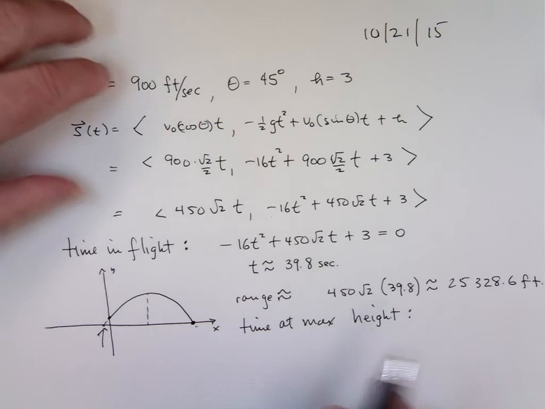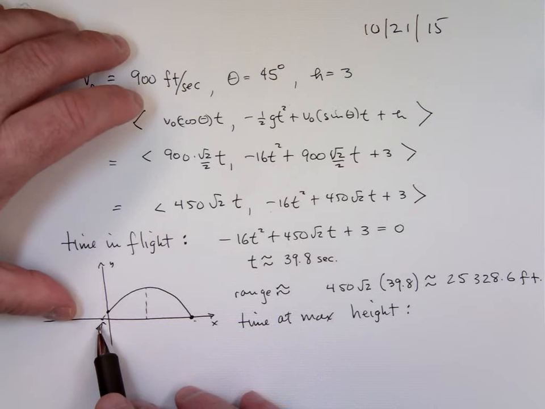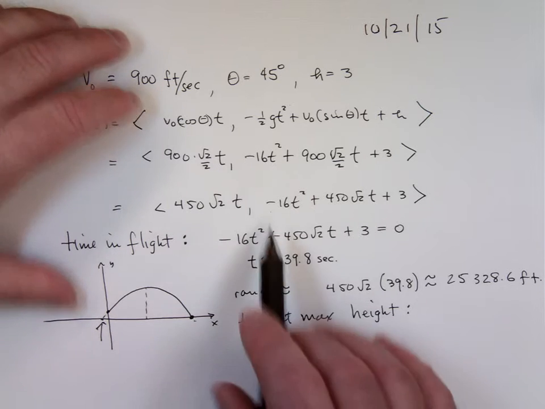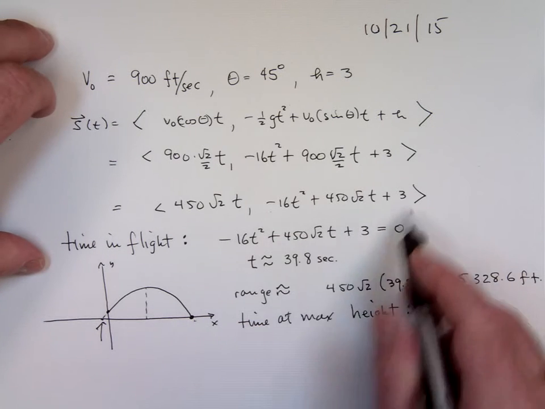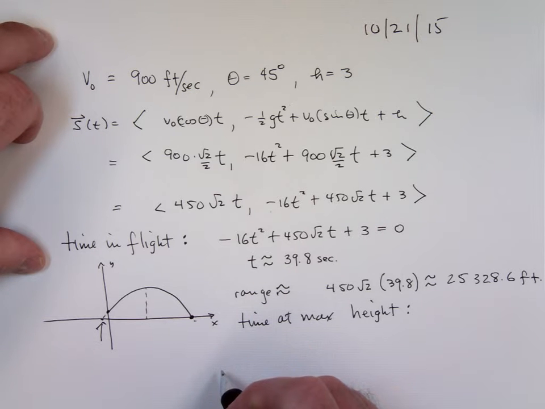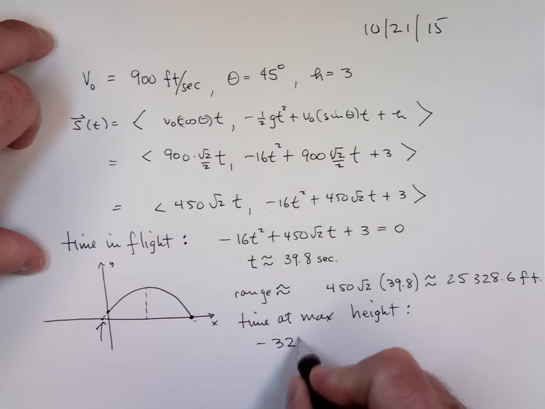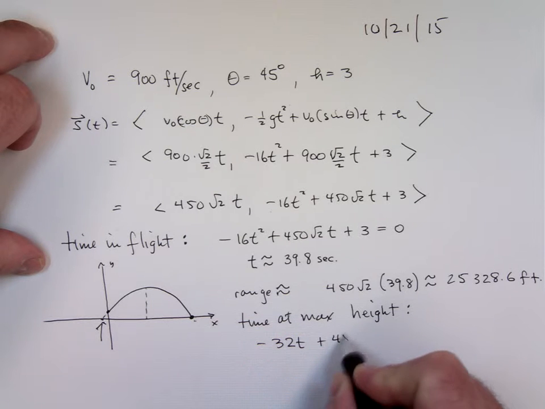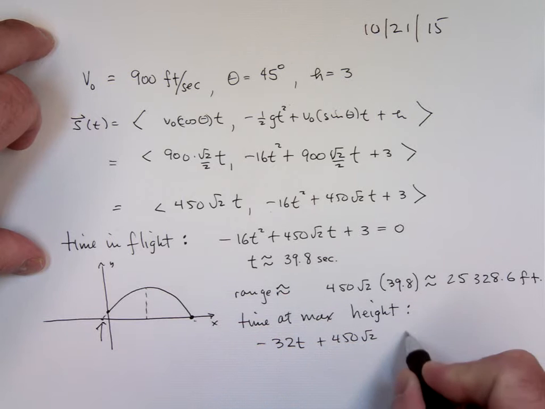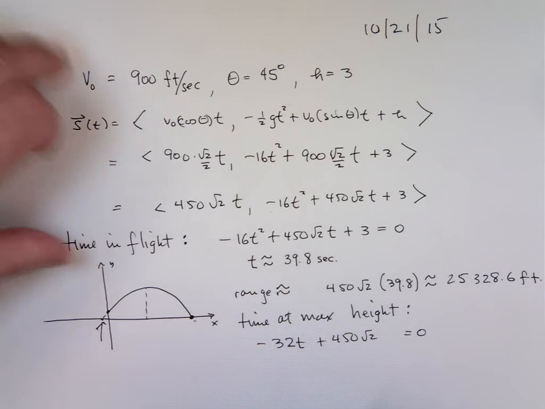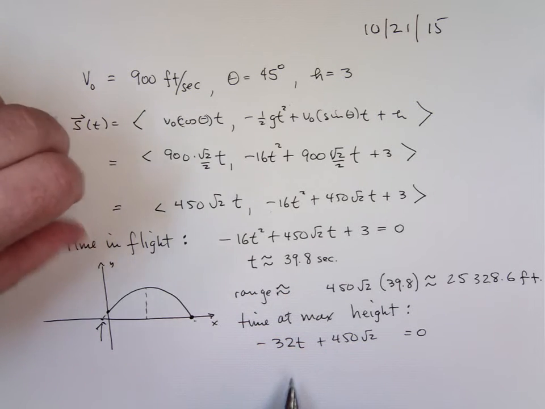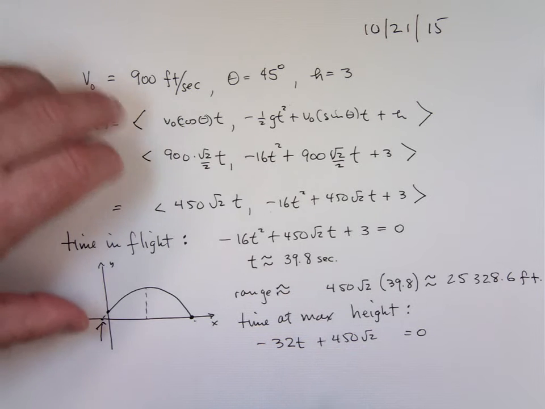So both ways work. Since I don't have that other number back here, I'm going to take my y component, take its derivative, and set it equal to 0. So the time at max height would be negative 32t plus 450 square root of 2, set equal to 0. This t will give me the time at max height.